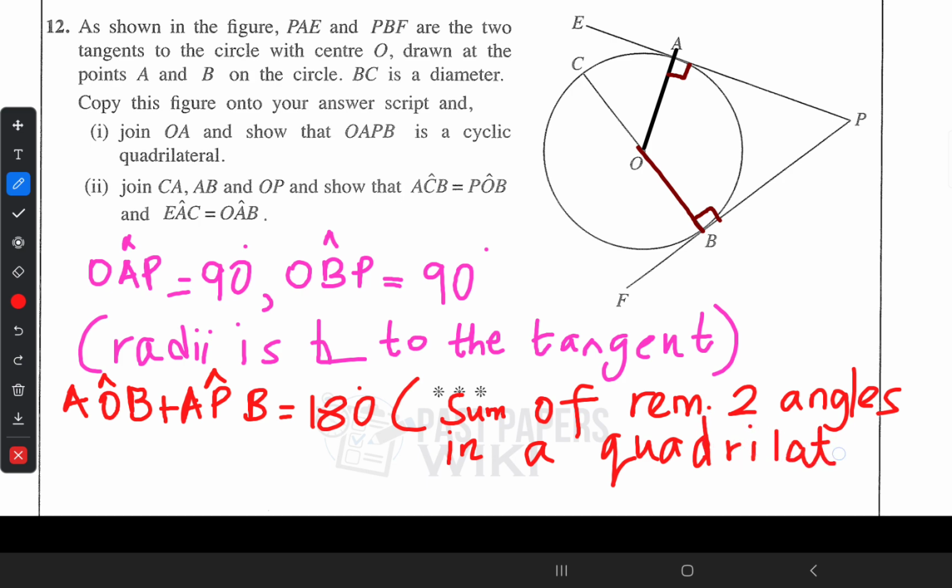Okay, I'll repeat again. What I did was to show this as a cyclic quadrilateral. The theorem is that opposite angles should sum to 180. We know that these two are equal because the radius is perpendicular to the tangent.